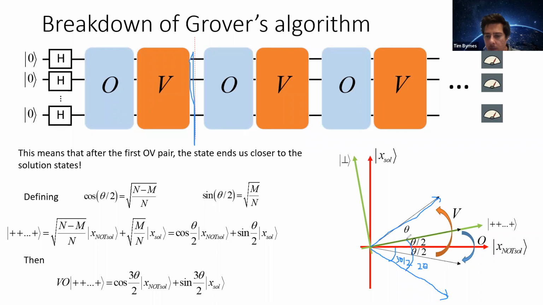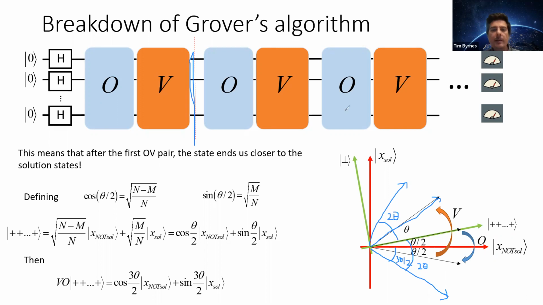So where this will end up after the second V is over here. And from here to here it's 2 theta, and then from here to here it's also 2 theta.